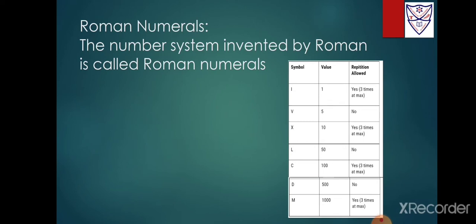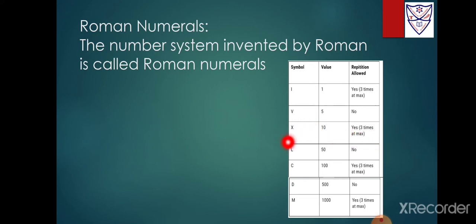So let us understand some rules. Let us understand first the symbols, values and repetitions. So here I is the symbol, value is 1, it is repeated a maximum of 3 times, not more than that. V is a symbol, value is 5 and it is not repeated. X is a symbol, value is 10 and it is repeated a maximum of 3 times.